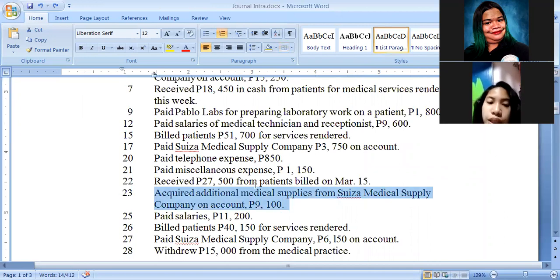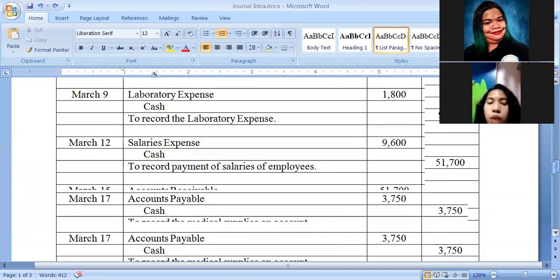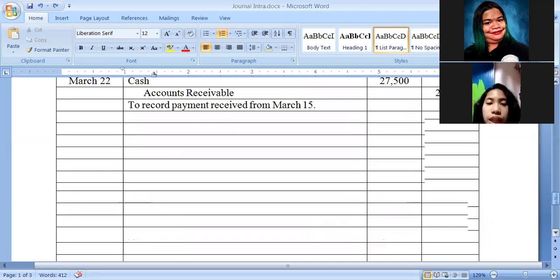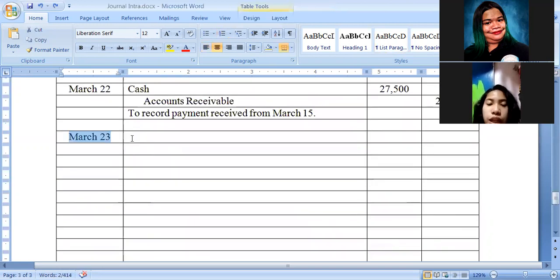Sa March 23, acquired additional medical supplies from Suiza Medical Supply Company on account of 9,100. So, si Samuel daw kay naka-acquire siya mga additional supplies sa Suiza Medical Supply Company on the amount of 9,100. Sa ato ang journal entry, atong ibutang dito kay same March 23, the date first.